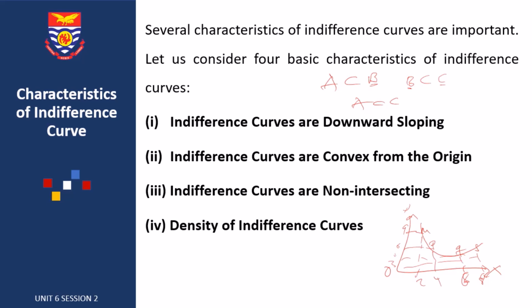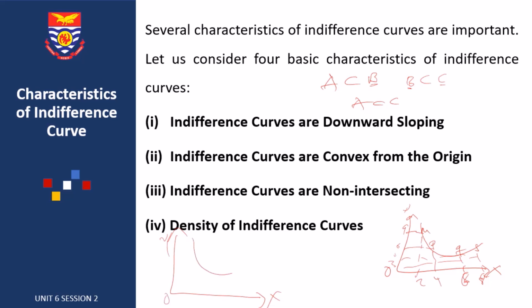We may prove this by the reductio ad absurdum method. We assume two indifference curves can intersect and then show that this assumption leads to an absurd conclusion. Let me sketch a situation where two indifference curves are intersecting. Here is Y, here is X, and this is my origin.